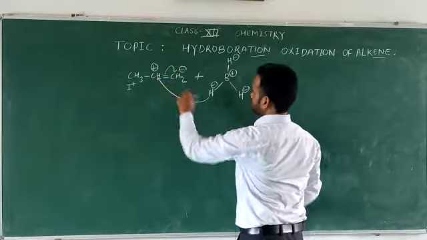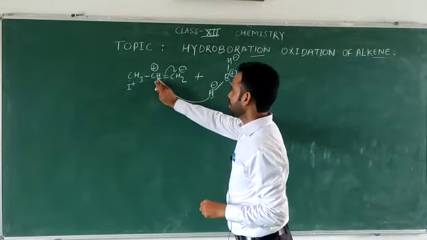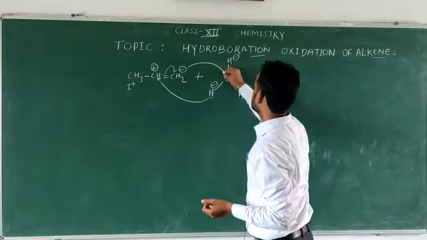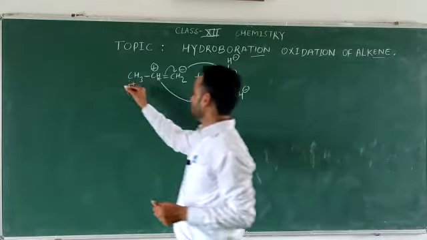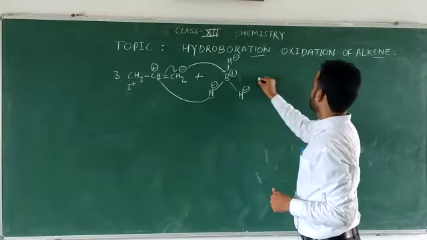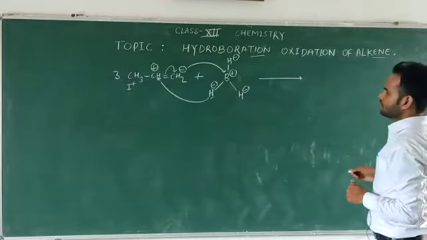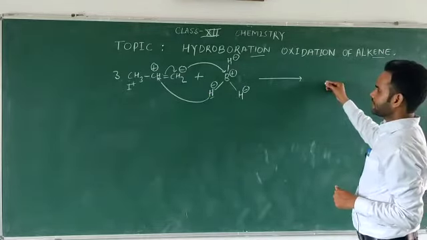After attaching this hydrogen, this carbon becomes CH2, and this negative part will attach to the boron. Let us assume that we are taking three molecules of this compound.